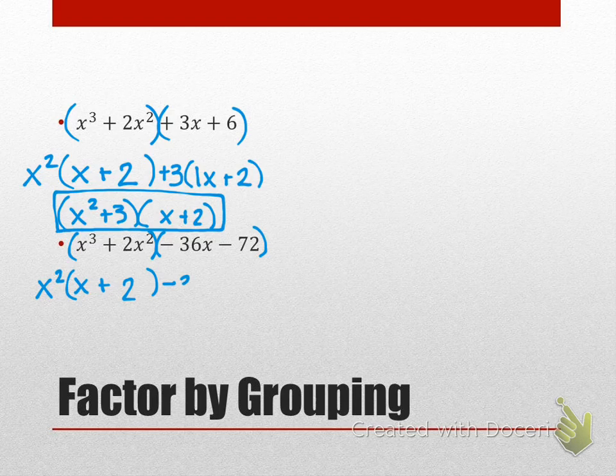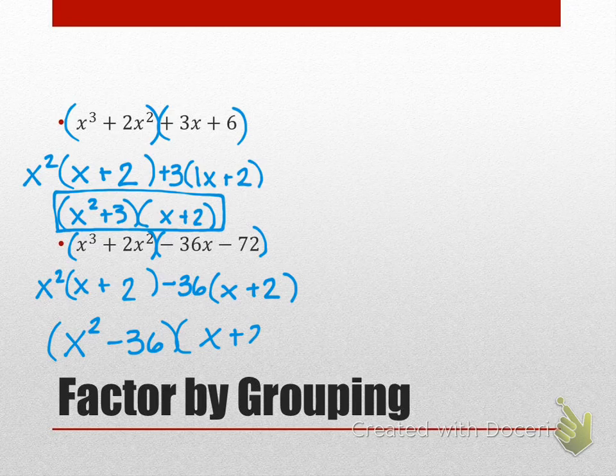So I take out negative 36. Negative 36 divided by negative 36 is positive 1 or positive x. I can just write it like that. Negative 72 divided by negative 36 is positive 2. So then I write my final answer. X squared minus 36 and x plus 2.